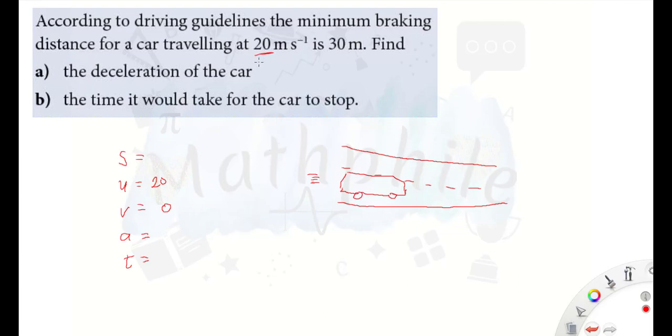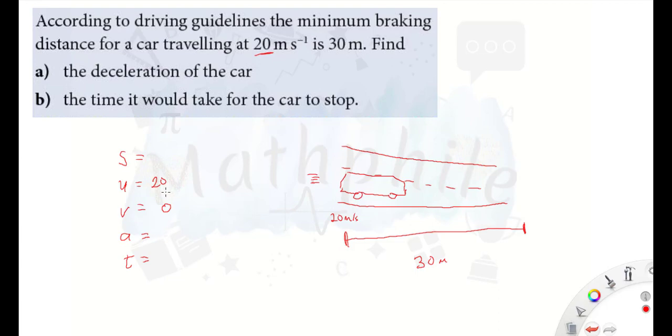For the car to stop within the 30 meters range, the initial velocity of the car should be 20 meters per second when the brakes are applied. If it is greater than 20 meters per second, it's not going to stop within the 30 meters range.